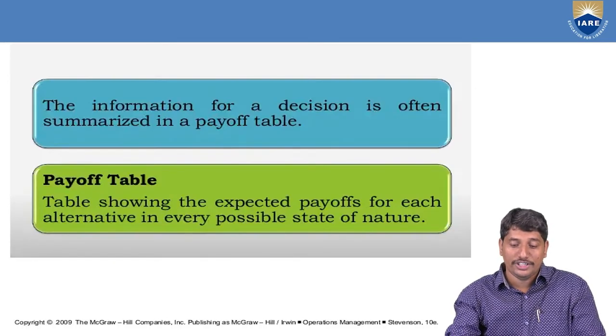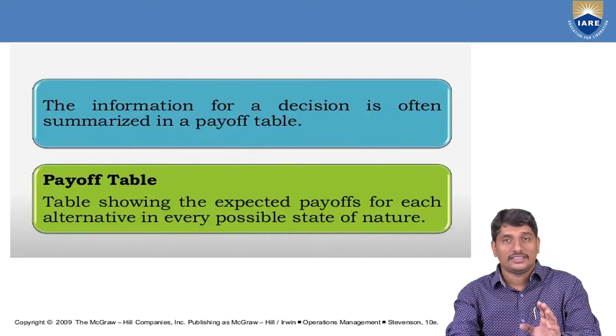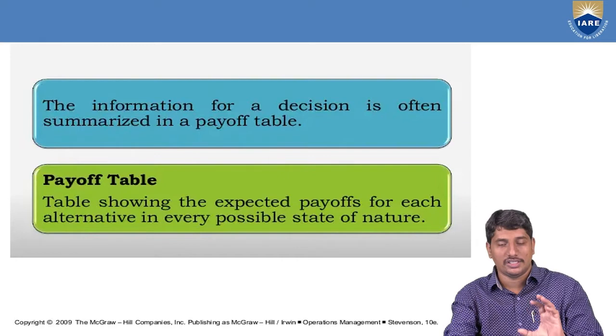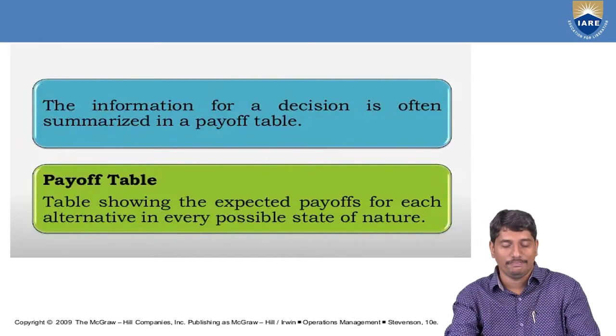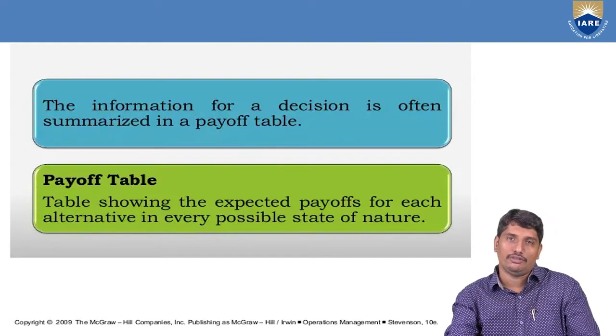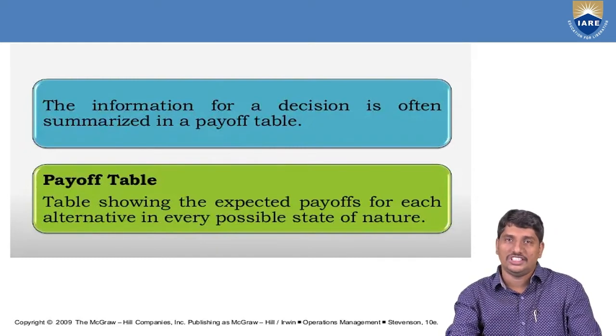The information for a decision is often summarized in a payoff table. As I said earlier, what is a payoff table? That is a fundamental thing we must know. Corresponding to each and every decision we have to take, there will be a payoff value, which is a number.